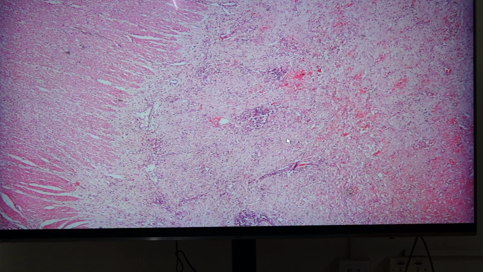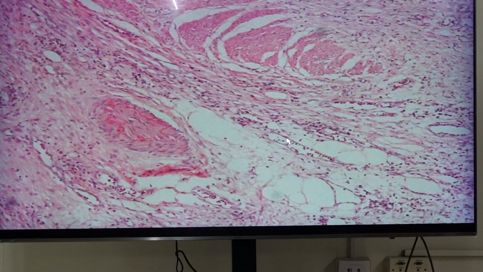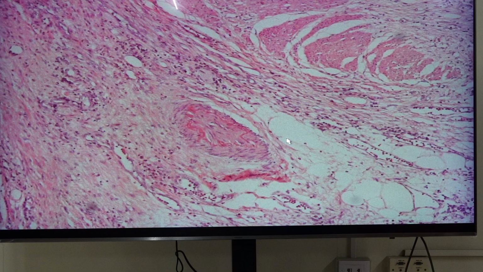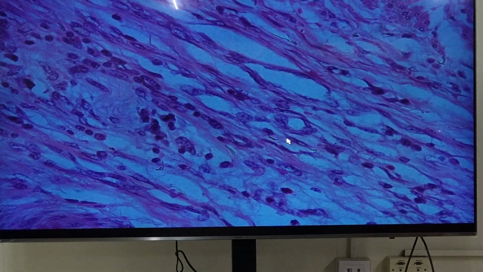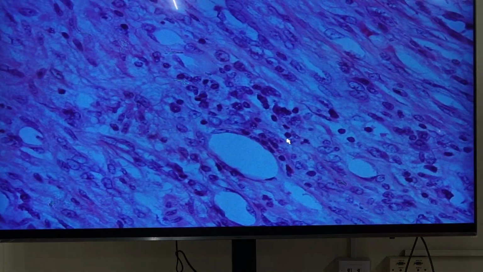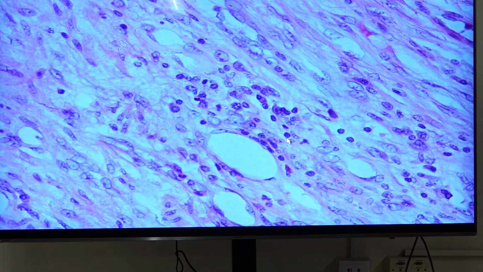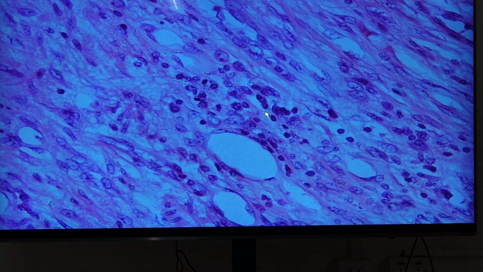The reason for the diagnosis is the presence of inflammatory cells, mononuclear cell infiltrates in the surrounding tissues. Okay, so you can see presence of segmenters, lymphocytes, plasma cells in the area.